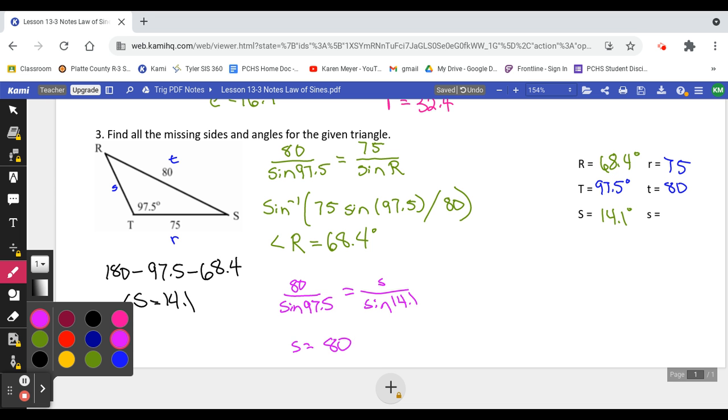So 80 sine of 14.1. And then divide that by what's across from little s, sine of 97.5. And if I type that into my calculator, I get little s to be 19.7. And that is it.